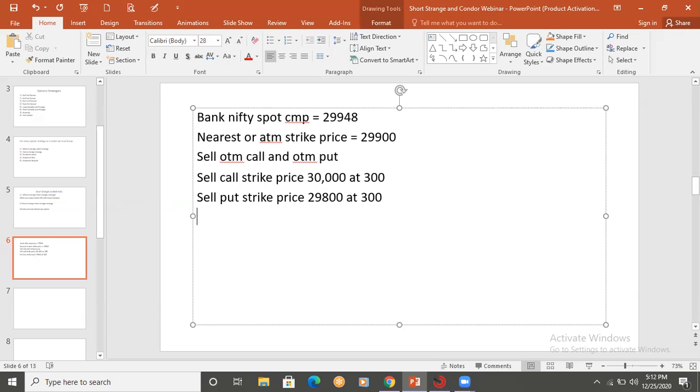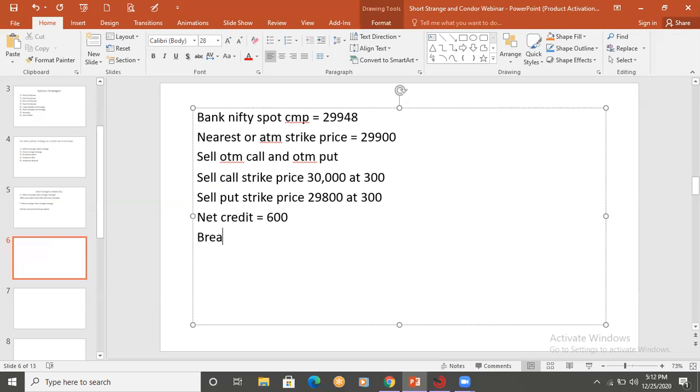We got 600 rupees. So I can write down here the net credit is 600 rupees. As an option seller, you need to remember, when we sell an option, we receive the premium. As a buyer of an option, we have to pay the premium. But in this case, we are the seller. We are selling both call as well as put, so we will receive the premium. Combined, we have received 600 rupees.